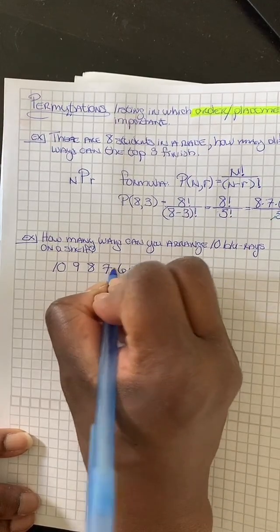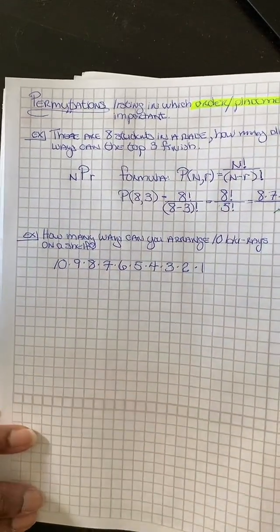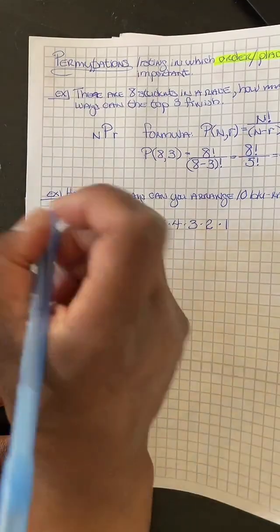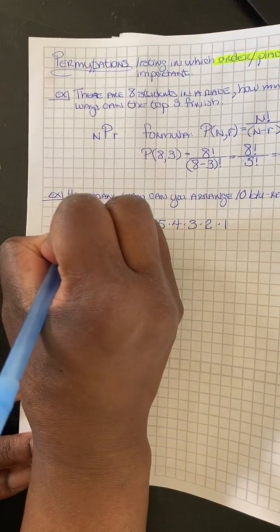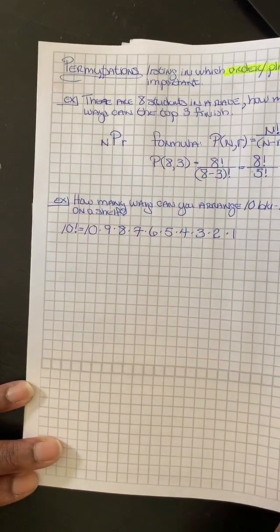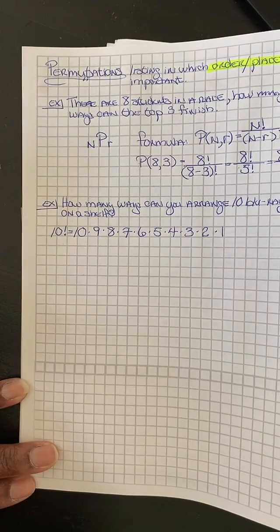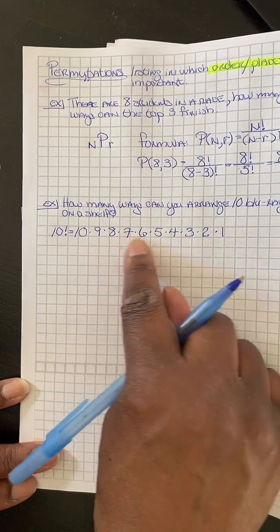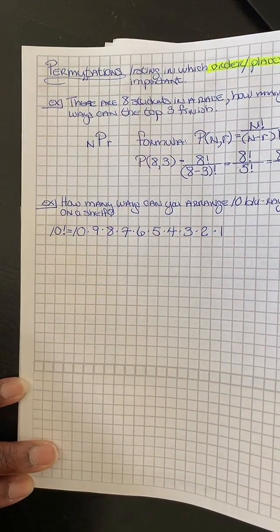What's another way that I could say this? Yes, we could say 10 factorial. If we want to do 10 factorial, we can do it in a calculator, or you can just put all these numbers being multiplied in your calculator.